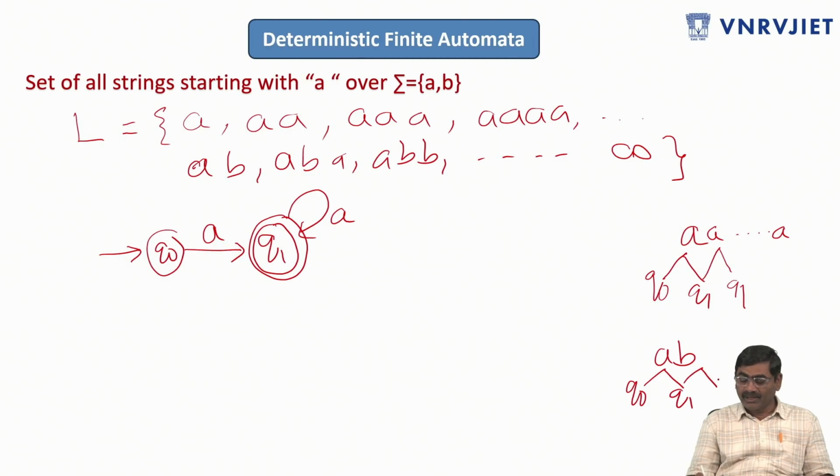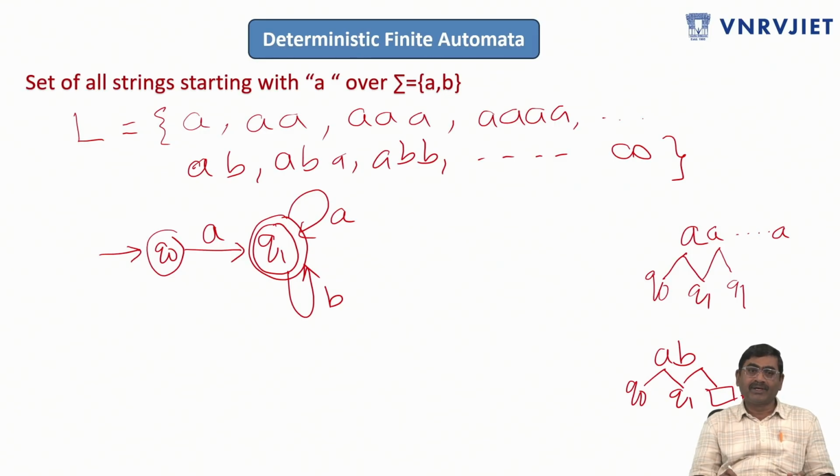Q1 on B should reach the final state. Final state is Q1. Like this we can draw it. So this partial finite automaton can accept all strings that begin with A and end with A or B.